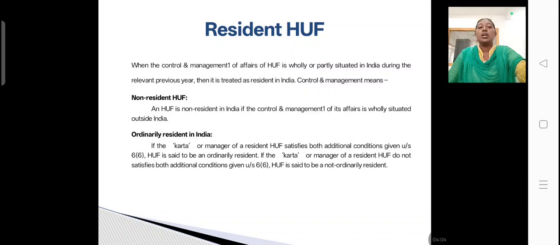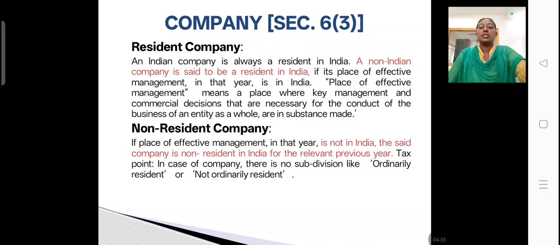Ordinarily resident in India: if the manager of a resident Hindu undivided family satisfies both conditions given under section 6 subsection 6, it is said to be ordinarily resident. If the manager of a resident HUF does not satisfy both additional conditions given in section 6 subsection 6, it is said to be not ordinarily resident.